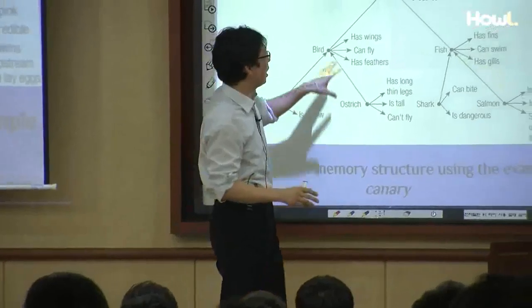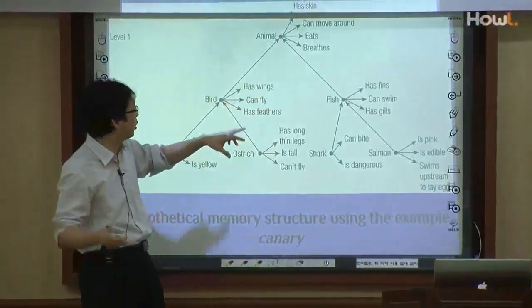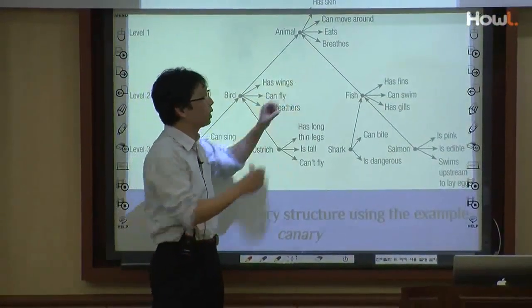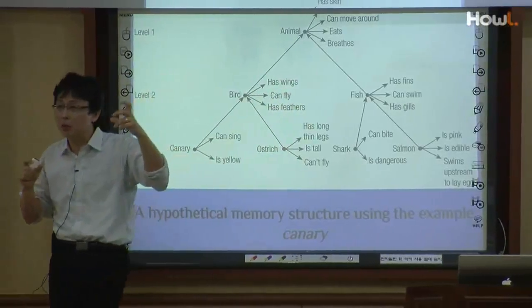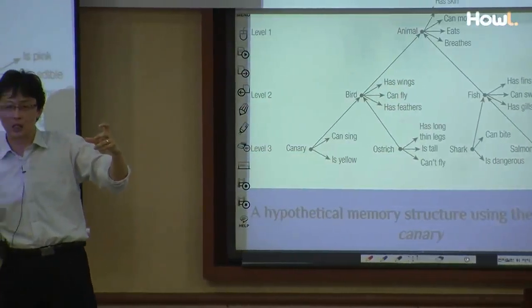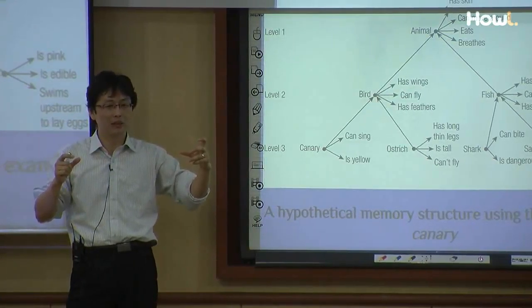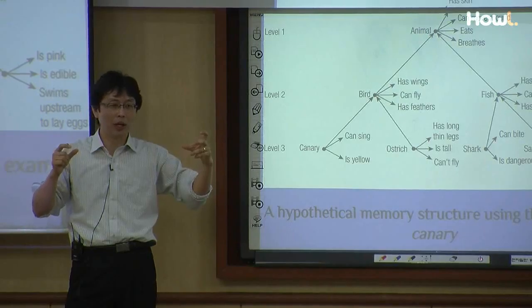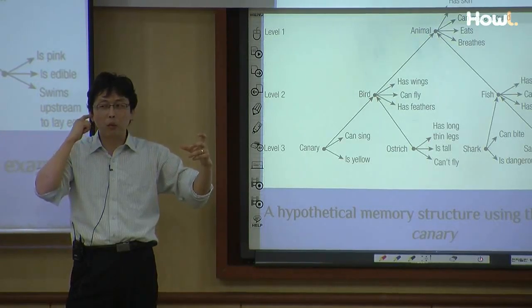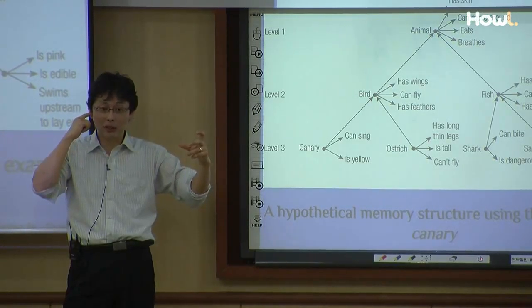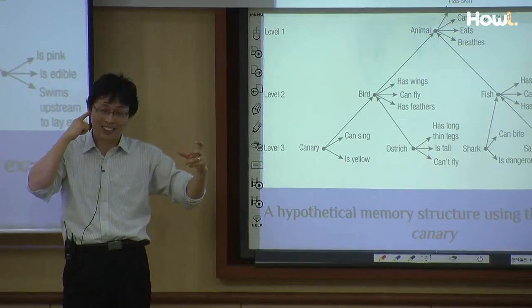We can do sometimes if you have a longer knowledge network, like a bird has a wing, but you can make a branch to another information. What other object has wings? Can you say whales have wings? Whales, 고래. Do they have wings? They can fly sometimes. They can jump, okay?